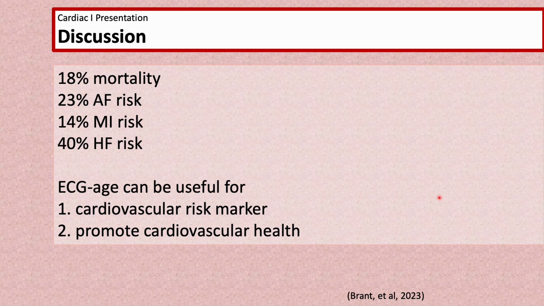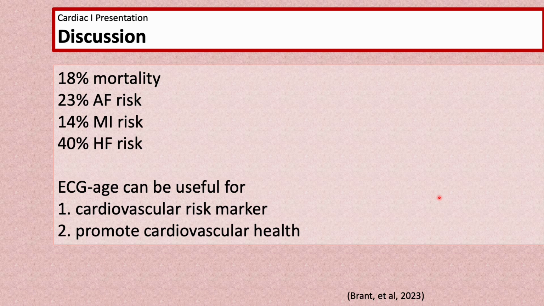A 10-year increase of delta age is associated with, so again, if the delta age is a positive 9 or more, that would be considered accelerated, an 18% increase in all-cause mortality, 23% increase in atrial fibrillation risk, and 14% increase in myocardial infarction risk.